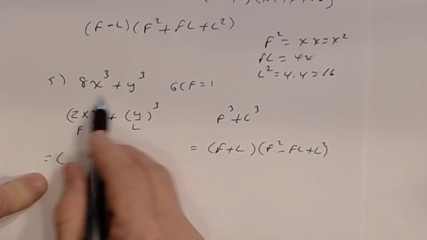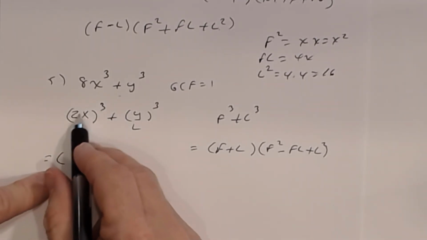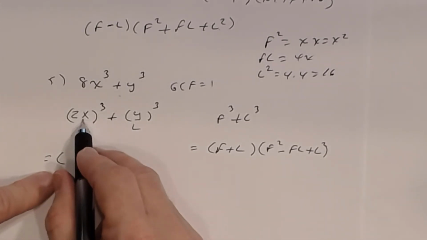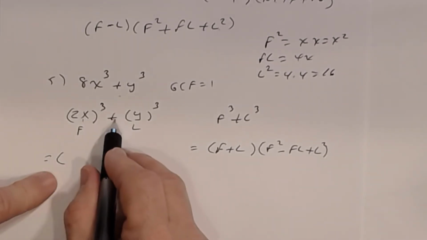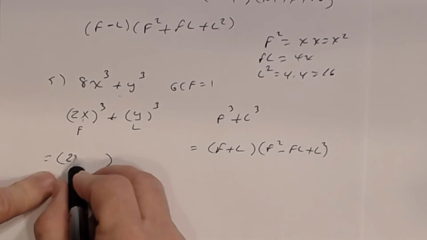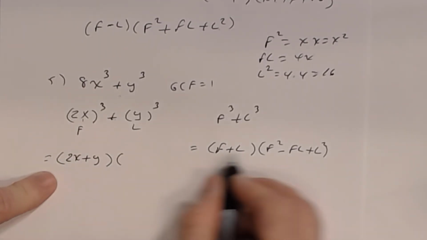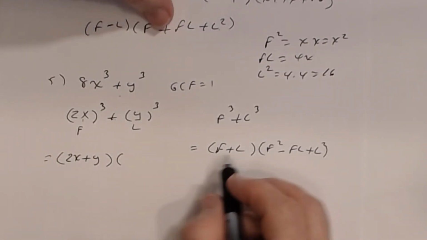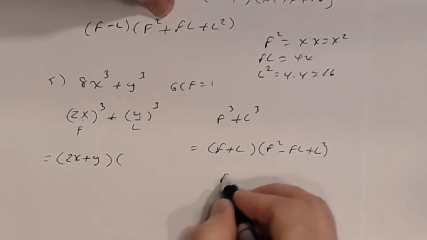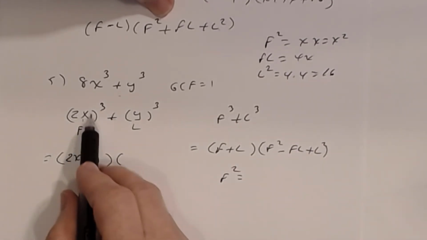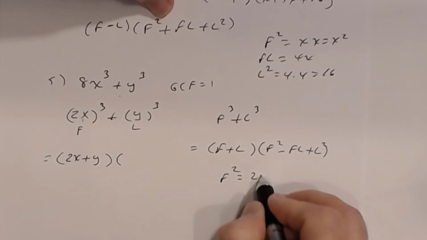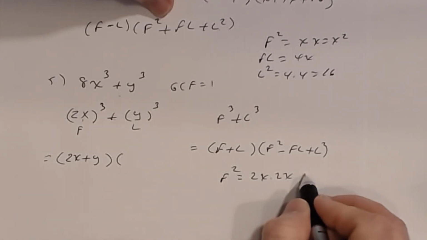The factorization will be the binomial, F plus L, so 2x plus y. Times, now let's do the trinomial. We're going to do f squared first. f is 2x, so f squared means 2x times 2x. 2 times 2 is 4, x times x is x squared.